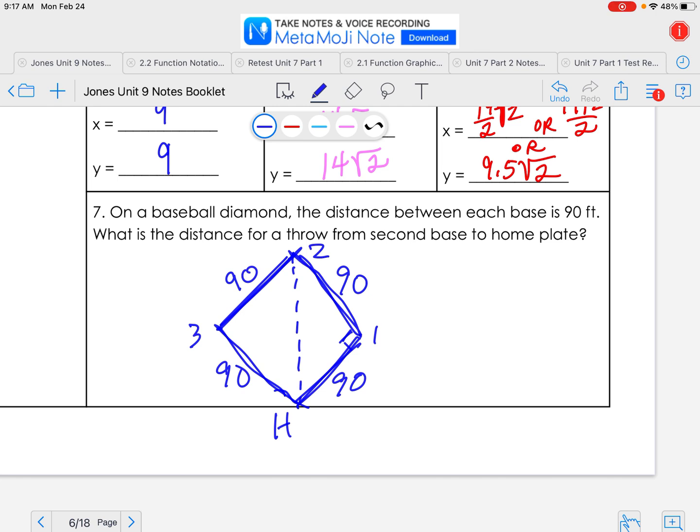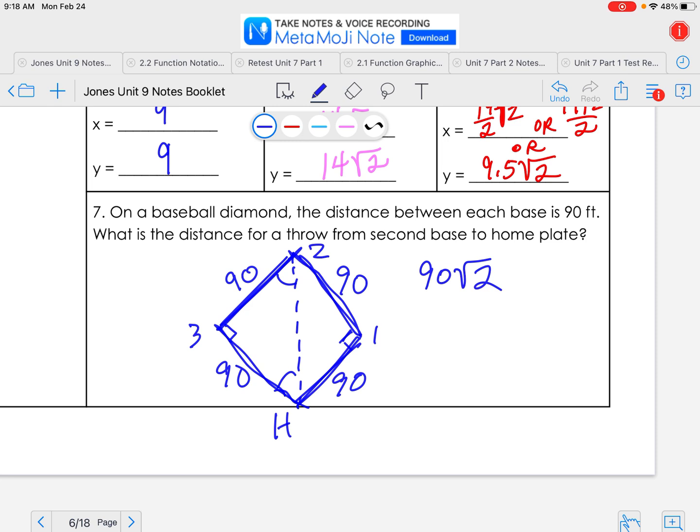So isn't this the diagonal of a 45-45-90 triangle? Yes, it is. So 90 square roots of 2. But if someone asked you to measure the distance and you told them 90 square roots of 2, that wouldn't mean a lot to them.